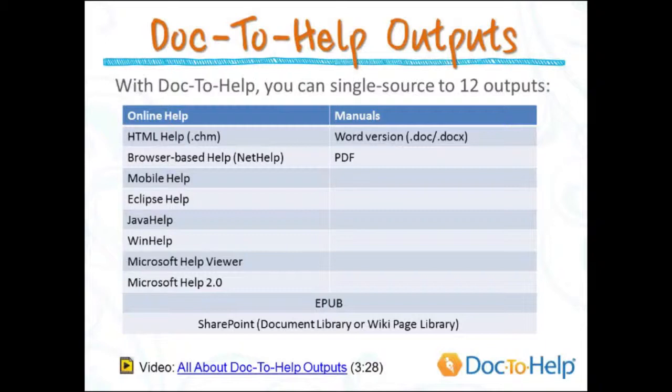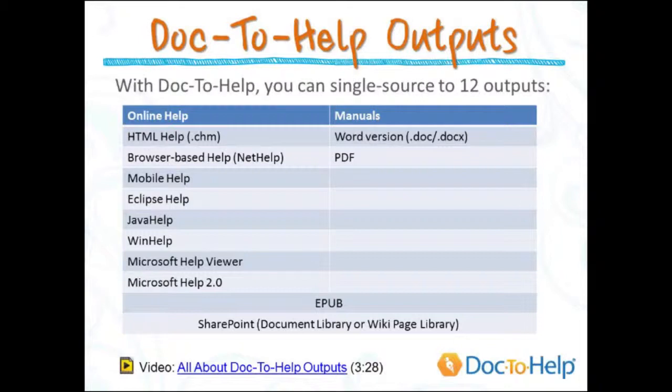Browser-based help, in Doc2Help we call that net help, and that's uncompiled HTML help that is served up on a browser. Mobile help, it's also uncompiled and viewed on a browser. Eclipse help is help that is used in the Eclipse development environment from IBM. Java help is help for pure Java applications.